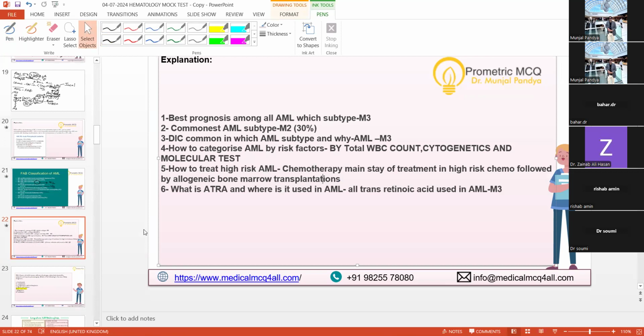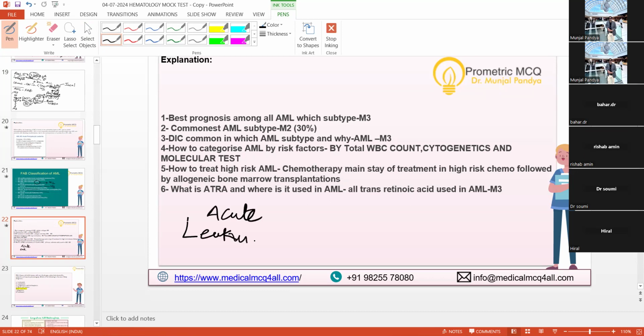But let me tell you one thing which is a big myth in your mind, that oh, AML or acute leukemia or blood cancer cannot be treated. So let me tell you, gentlemen, leukemia, especially acute leukemia, means blood cancer, is curable, absolutely curable. So whenever a patient comes to you and says, "Oh, doctor, I have leukemia," don't get disappointed first on your own, thinking that oh, leukemia, now he will die in 3 to 6 months.